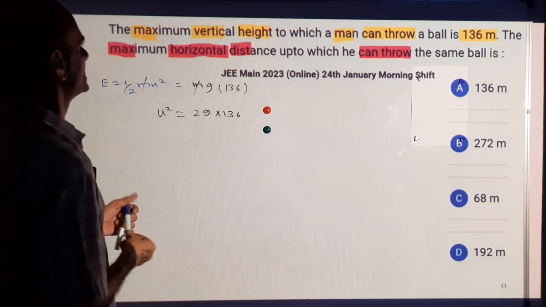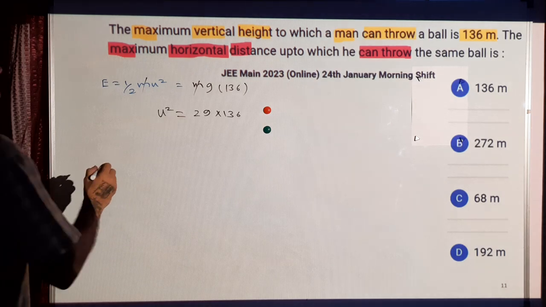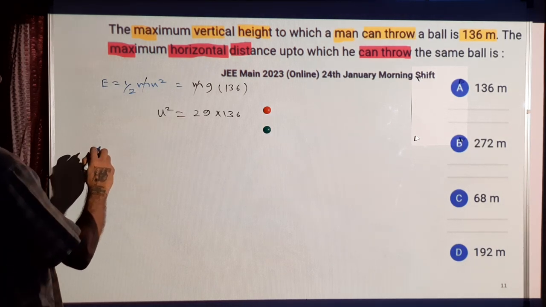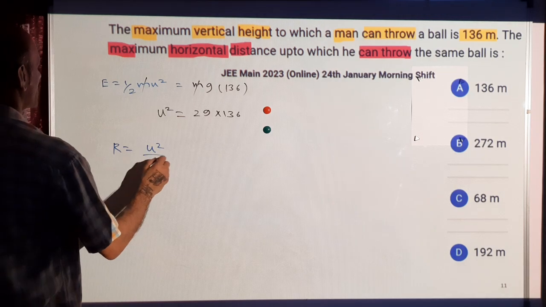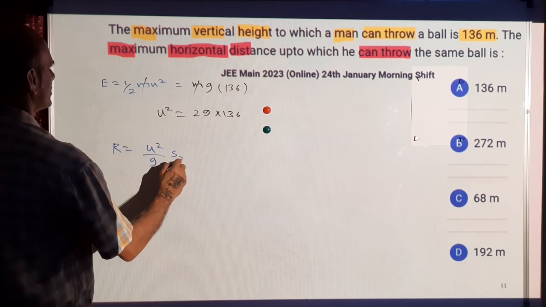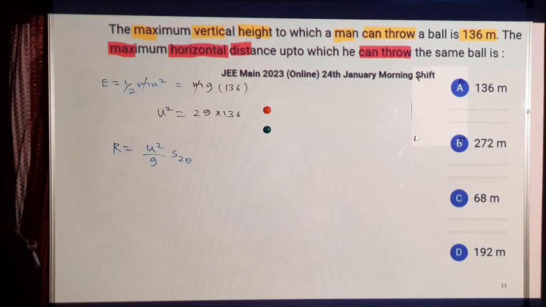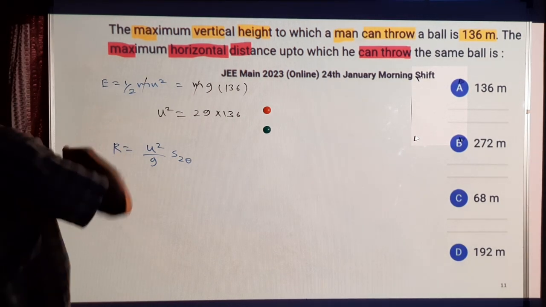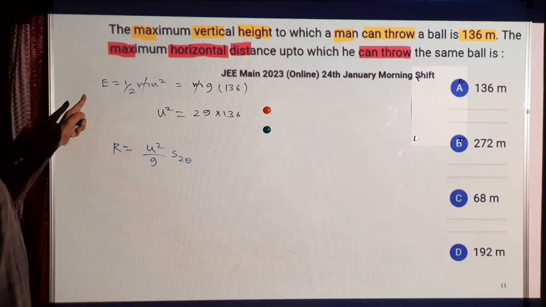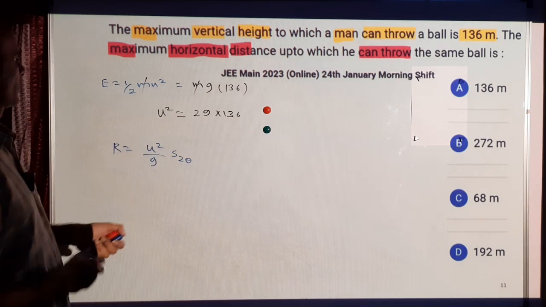Okay, in the second case, he is throwing at an angle, and the range of the projectile is u square by g sin 2 theta. He can throw the same u square because the energy imparted is half m u square. He'll throw with the same energy, so the u which he can impart to the ball is this one.